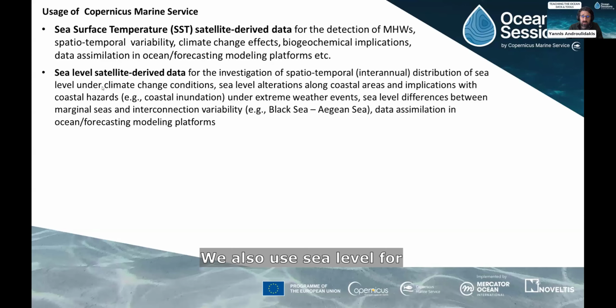We also use sea level for investigating the ocean circulation and the interconnection between marginal seas, like in our area here between the Black Sea and the Aegean. And finally, we also use this for data assimilation again in modeling.